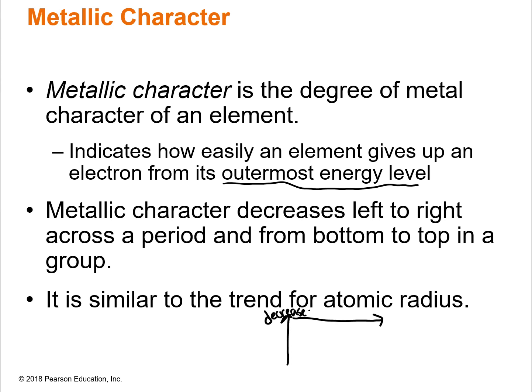And that kind of makes sense because on the far right of the table, you have nonmetals. They're very much not metals. It's a similar trend for the atomic radius. And that makes sense too. The further away the electrons are, the easier it is to just pluck one off. The closer the electrons are to the nucleus, the harder it is to remove that electron.